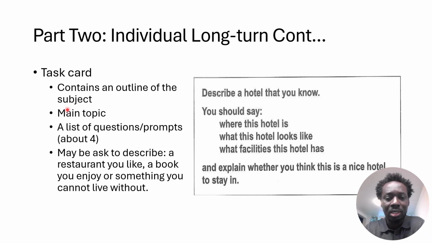So now let's move on. It contains an outline of the subject, main topic, a list of questions or prompts, about 4 of them. You may be asked to describe a restaurant you like, a book you enjoy, or something you cannot live without. And like I've been saying, the subject of the questions of the speaking test can be on anything.